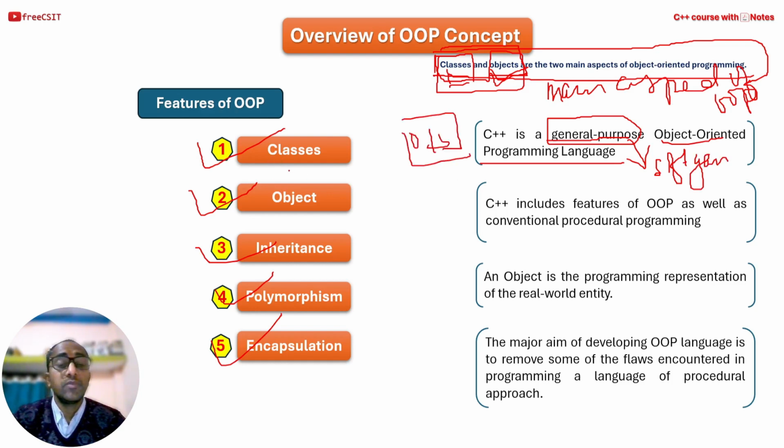Microsoft Excel, PowerPoint, and application software were created by using the C++ programming language.